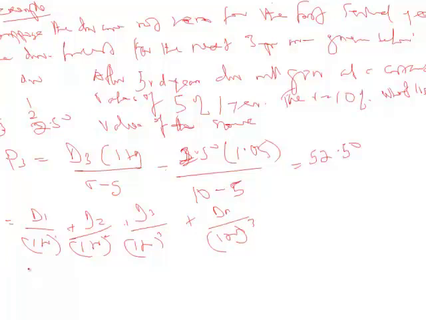So for the first one, it is 1 naira all over 1.1 raised to power 1, plus 2 naira all over 1.1 raised to power 2, plus 2 naira 50 kobo all over 1.1 raised to power 3, plus 52 naira 50 kobo all over 1.1 raised to power 3 as well.